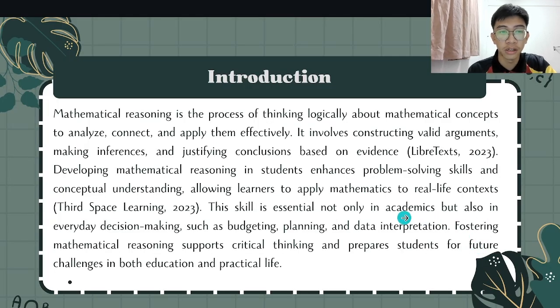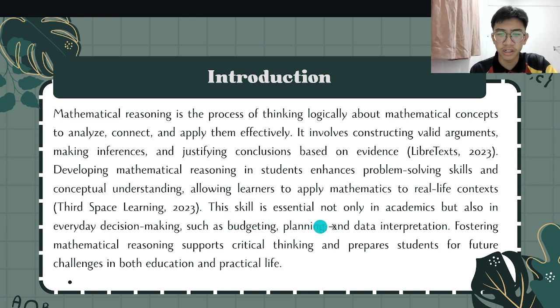This is a little introduction about mathematical reasoning, which is the process of thinking logically about mathematical concepts to analyze, connect, and apply them effectively. It involves constructing valid arguments, making inferences, and justifying conclusions based on evidence. Developing mathematical reasoning in students enhances problem-solving skills and conceptual understanding, allowing learners to apply mathematics to real-life contexts.